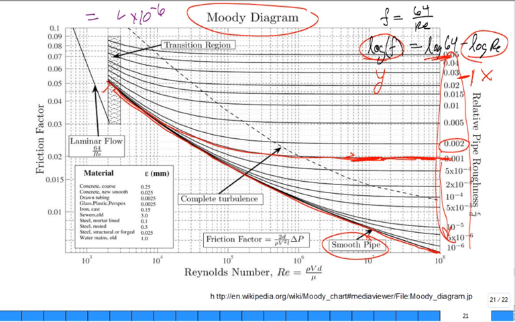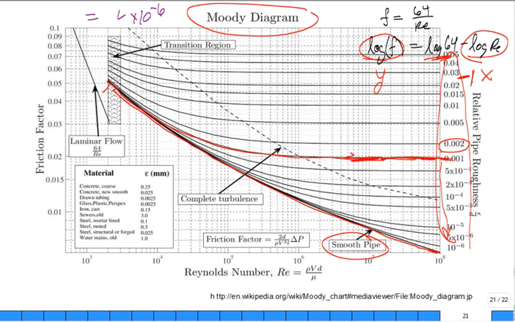Smooth pipe. Are there any engineering applications where pipes are pretty smooth? Actually, quite a few. It really is, quite a few. Drawn copper tubing. There's a lot of water that goes through drawn copper tubing, right? Maybe it's not that big in diameter, but there's a lot that goes through it. Guess what? It's really smooth.